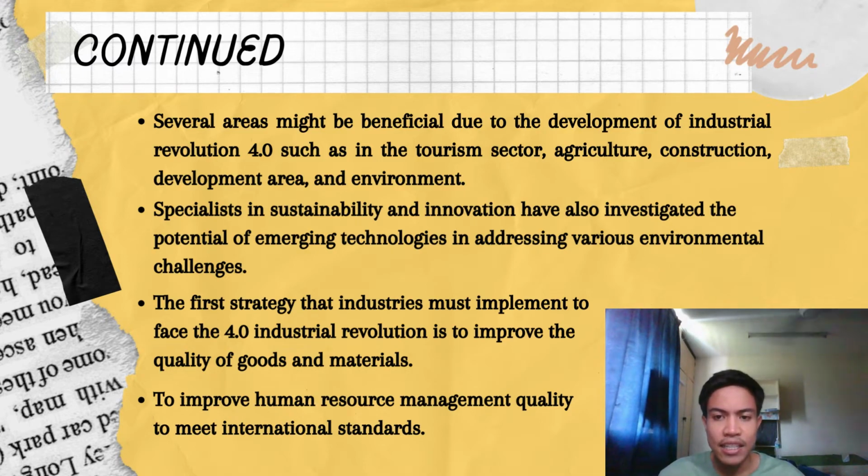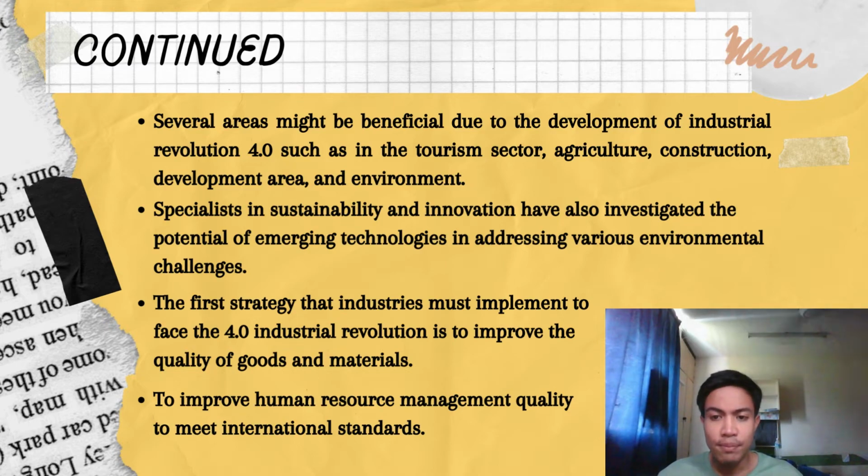There are some strategies that industry needs to have. The first strategy that industry must implement to face the 4.0 industrial revolution is to improve the quality of goods and materials.